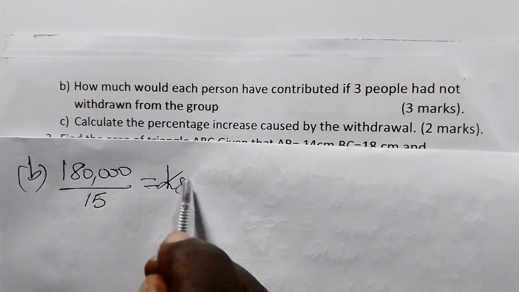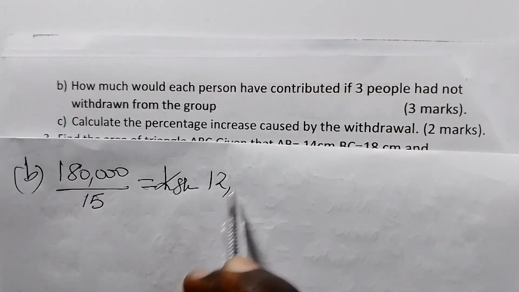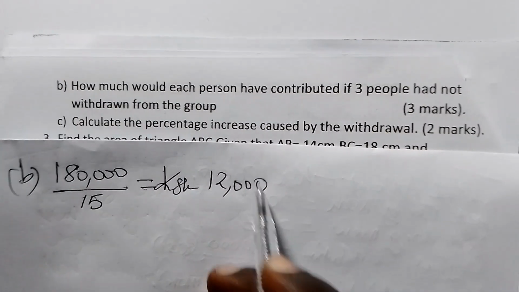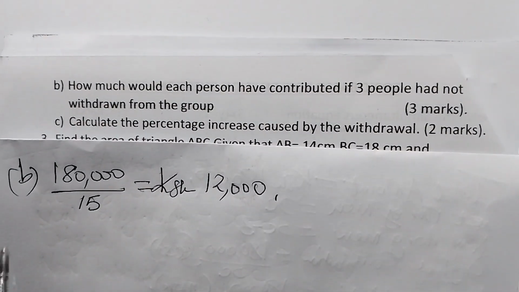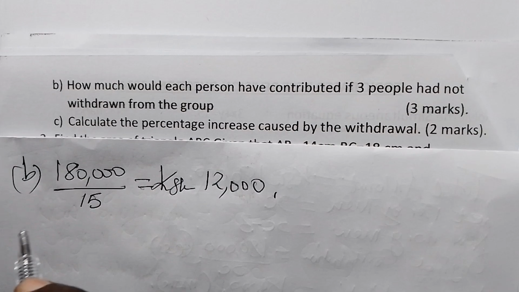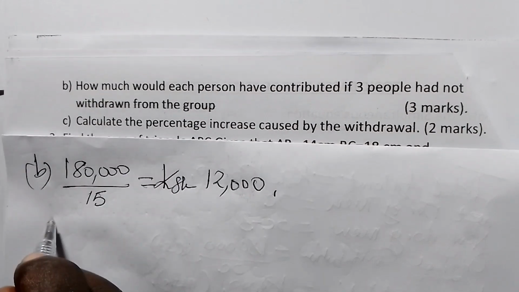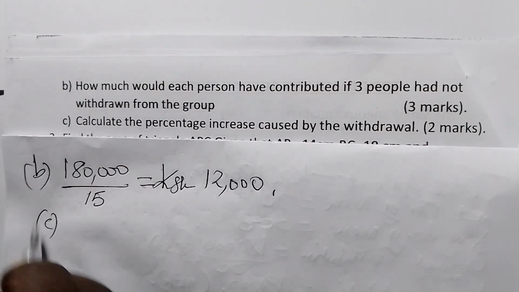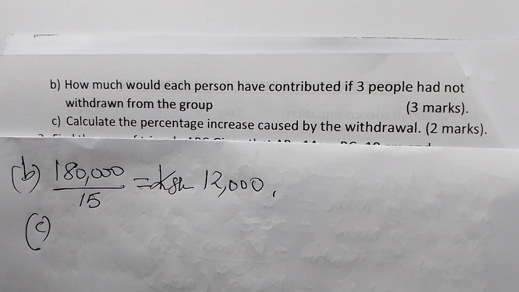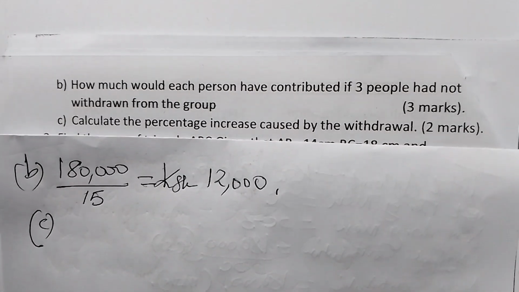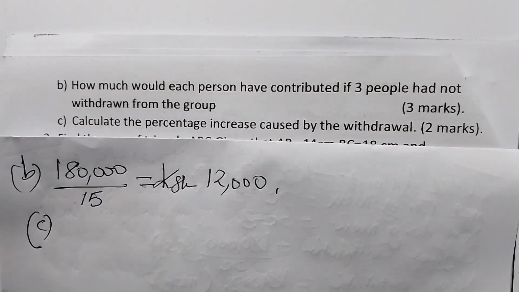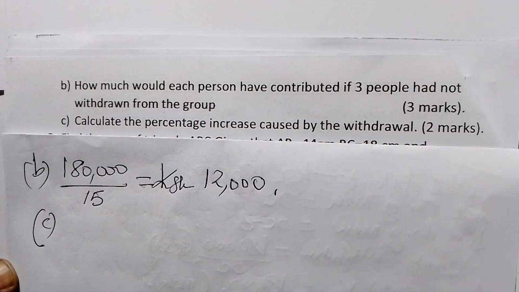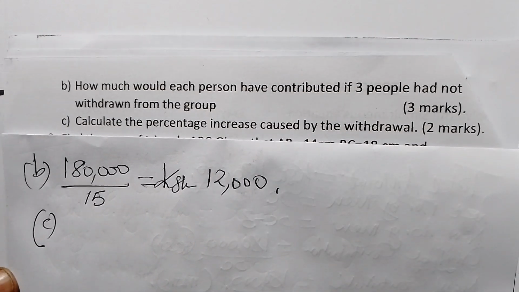Kenya shillings 12,000. In part C, you're told to calculate the percentage increase caused by the withdrawal.